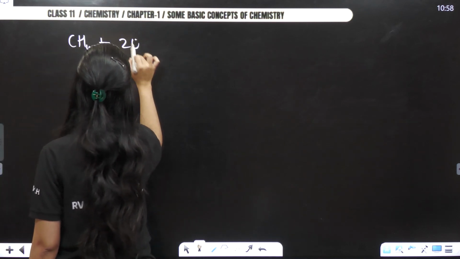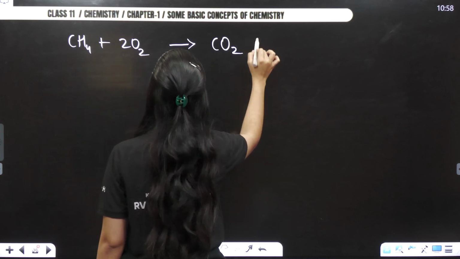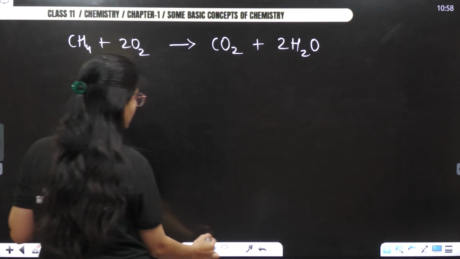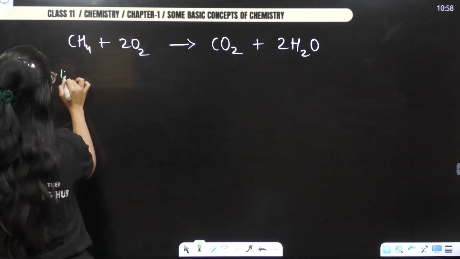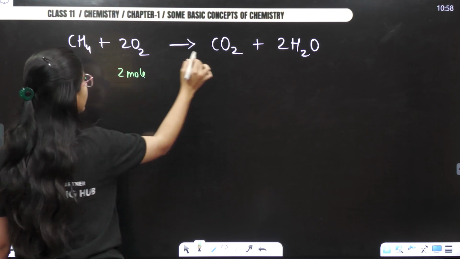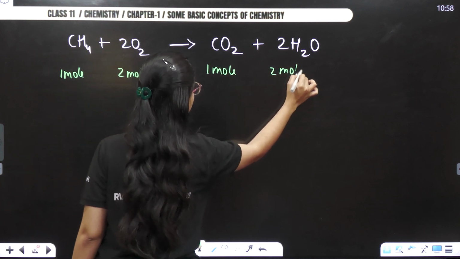CH4 plus 2O2 oxygen gas will give you carbon dioxide plus 2 moles of H2O. Now from this equation, can I write 1 mole of methane will react with 2 moles of oxygen and give 1 mole of carbon dioxide and 2 moles of water?